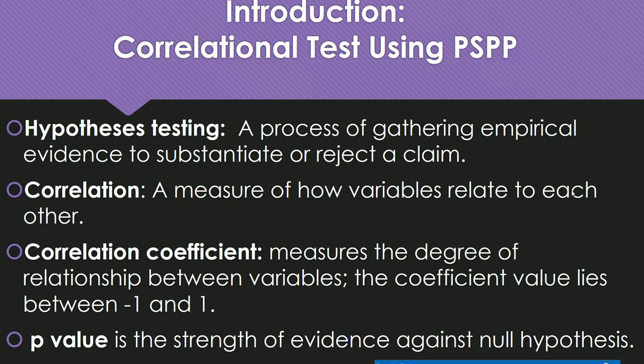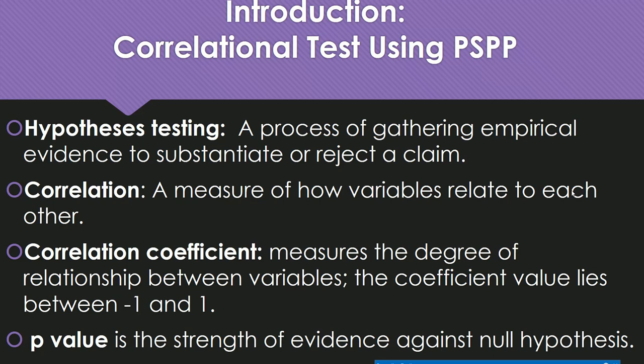Introduction. I'm going to contextualize the concepts which are relevant in this presentation. Hypothesis testing. This is a process of gathering empirical evidence to substantiate or reject a claim. Correlation.